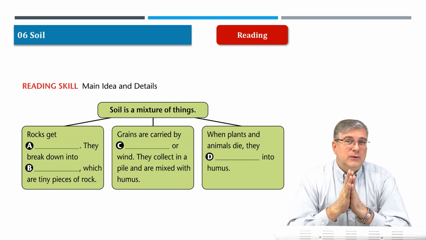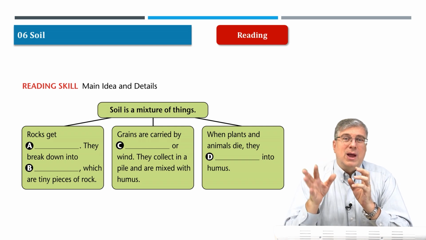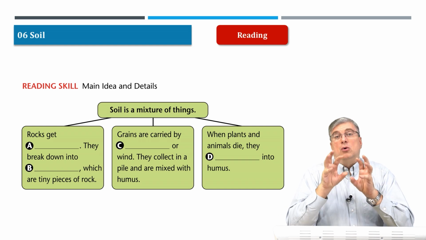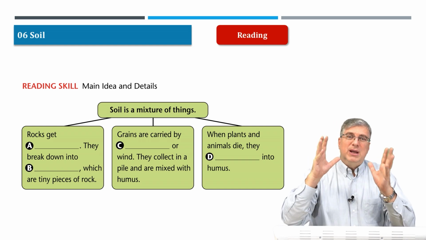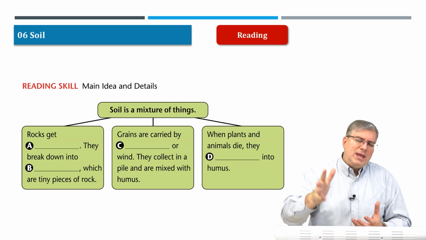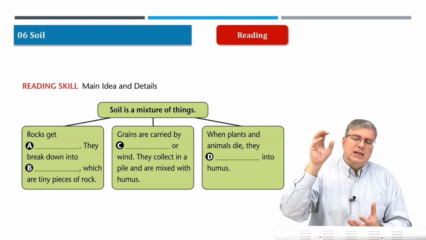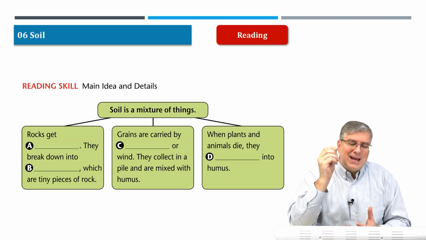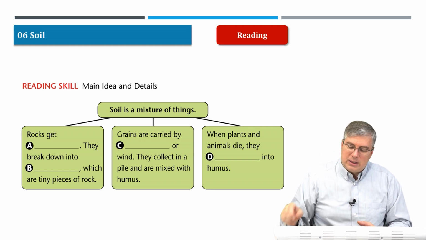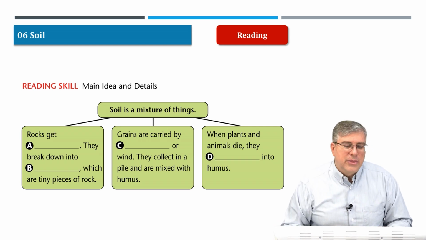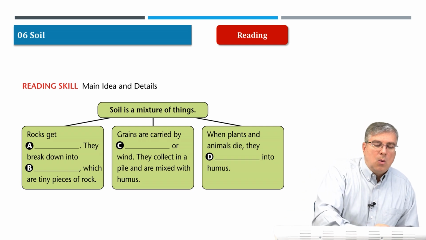One thing we learned from the reading is that the weather, usually the wind and the rain, will break down rocks. If you have big rocks, like the Grand Canyon, you have these huge rocks, and the wind and the rain is constantly pushing them and changing them and they break down into smaller pieces. That process is called weathering. So rocks get weathered.